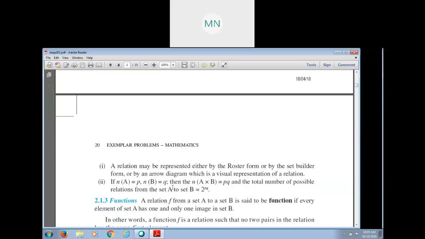Formula for finding the number of relations from a set A to B: if A has P elements and B has Q elements, then the number of relations from A to B is 2 to the power P into Q. And the number of Cartesian products is only P into Q. Okay?